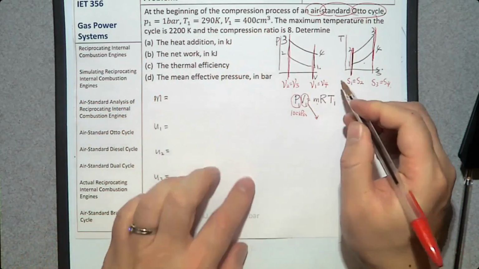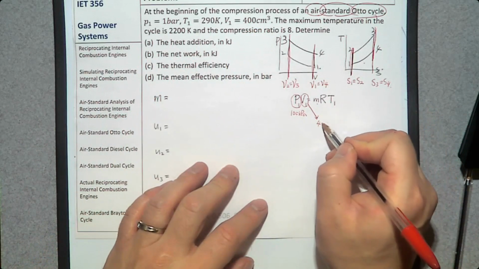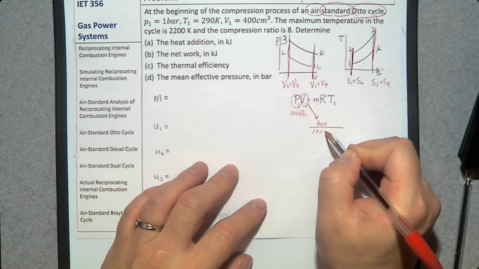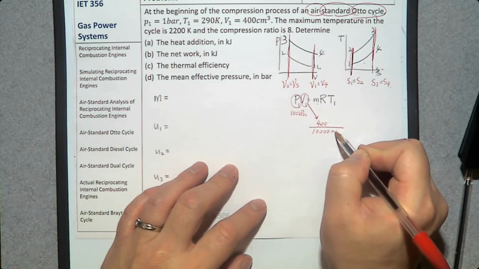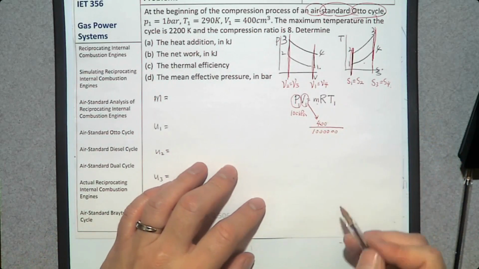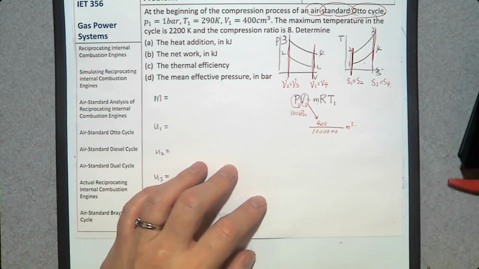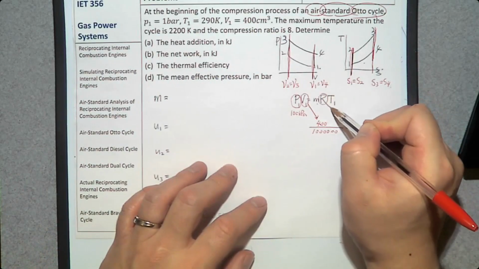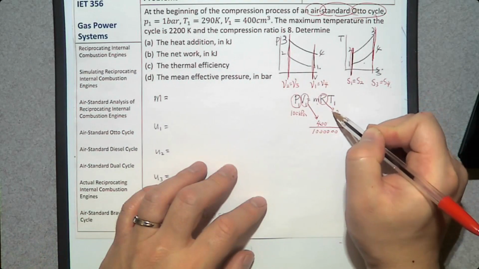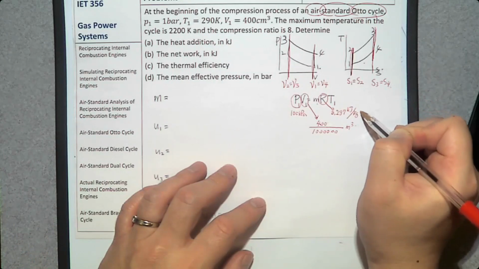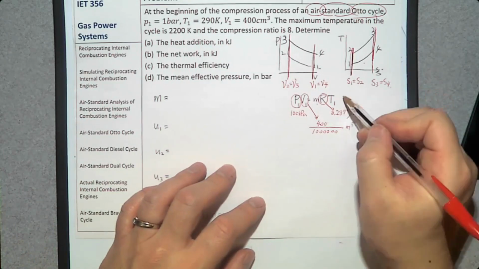Oh, you don't like centimeter cube, right? 400 divided by 100, 100, 100, 3 times, meter cube. And gas constant R, 0.287 kilojoule per kilogram Kelvin. Remember that.